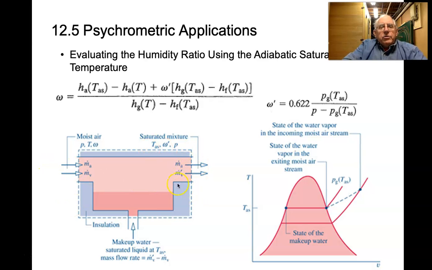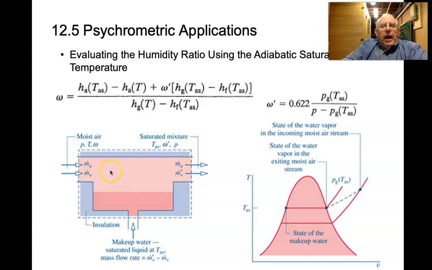Because again, there's enough time and this temperature is such that there's energy in the air, and that energy will come down and allow some of the liquid water to vaporize, and that vaporized water then combines with the incoming water vapor to fully saturate.